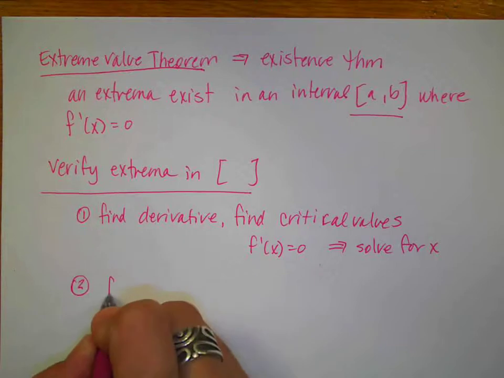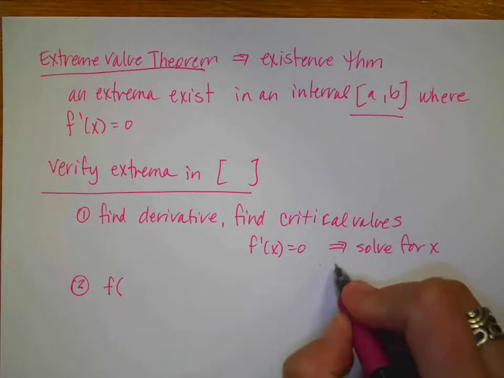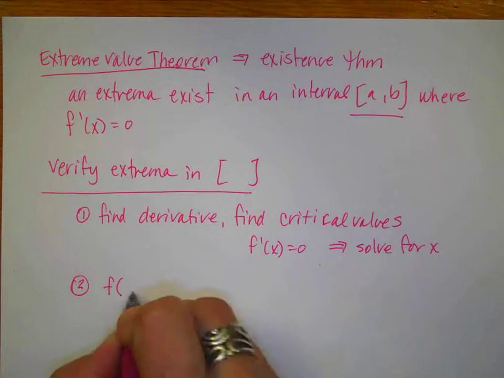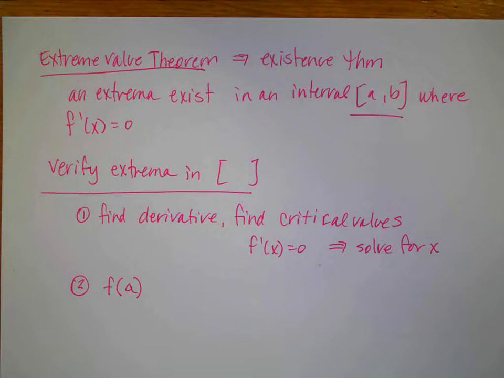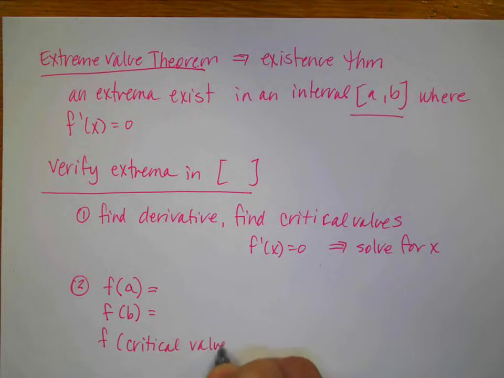And then I want to evaluate the function at the endpoint. I need to evaluate the endpoint because we always tend to forget that. And then I'm going to evaluate the other endpoint. And then I'm going to evaluate my critical values.